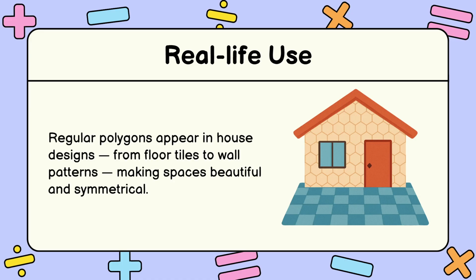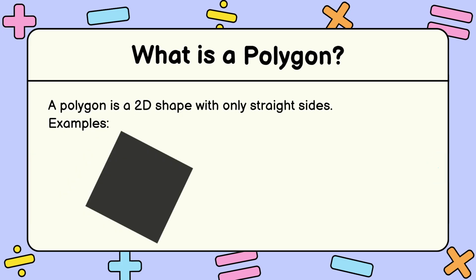This symmetry is a key feature of regular polygons, making them a popular choice in design. It's fascinating to see how something as simple as a geometric shape can have such a significant impact on our surroundings. As we move forward, we will explore what defines a polygon and distinguish between regular and irregular ones.